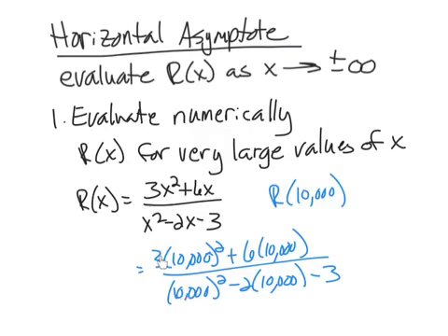And when you take 3 times a big number and divide it by that big number, this is going to reduce down to just 3. Your calculator will show you that. If you substitute all of this in, you're going to come up with a value that r of 10,000 is going to be equal to 3. So my horizontal asymptote is a y equals equation, and it's going to be y is equal to 3.